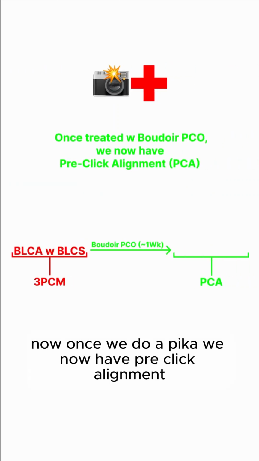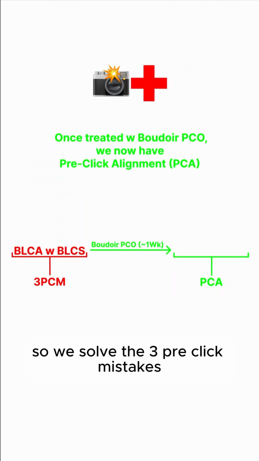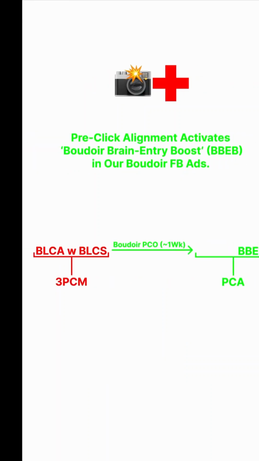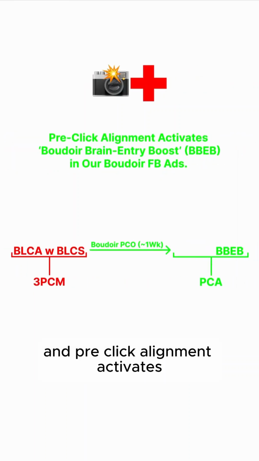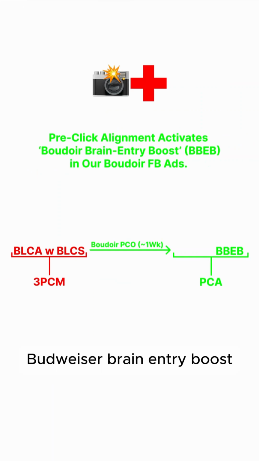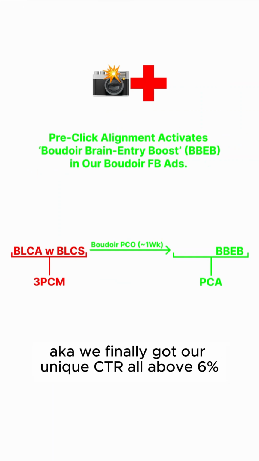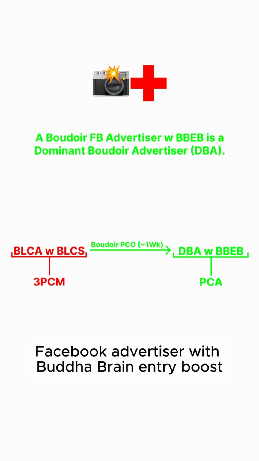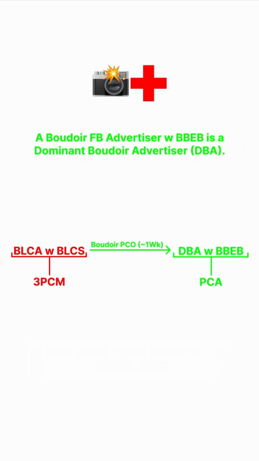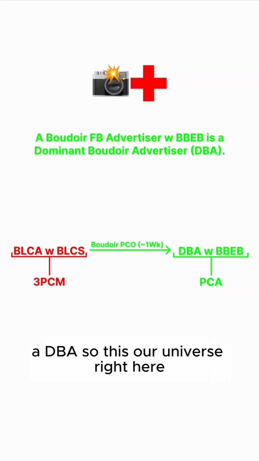Now, once treated with Boudoir Pico, we have pre-click alignment. So we solve the 3 pre-click mistakes, we achieve pre-click alignment. And pre-click alignment activates Boudoir brain entry boost in our Boudoir Facebook ads, aka we finally got our unique CTR all above 6%. And a Boudoir Facebook advertiser with Boudoir brain entry boost is a dominant Boudoir advertiser, a DBA.